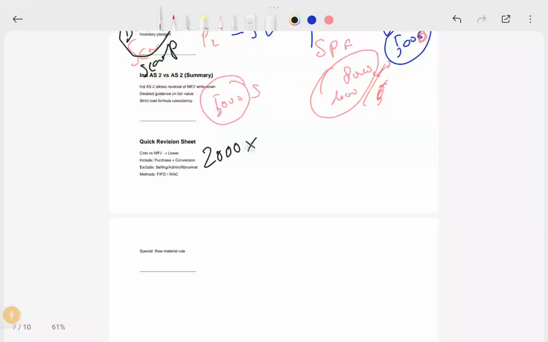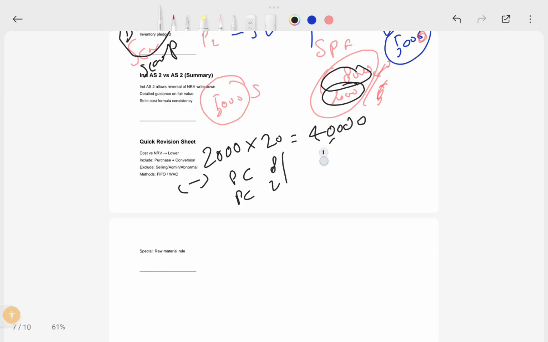What is the by-product? 2,000 is the quantity, and 20 per unit, that is 40,000. In this calculation, we need to deduct the 10,000 extra cost, which they mentioned separately, right? We need to remove that processing cost and packing cost, 8k and 2k, total 10k.